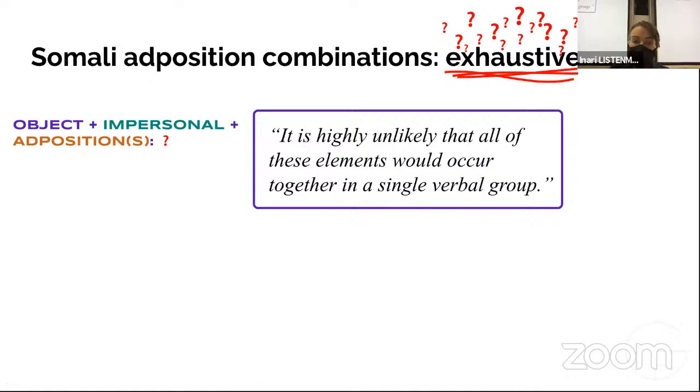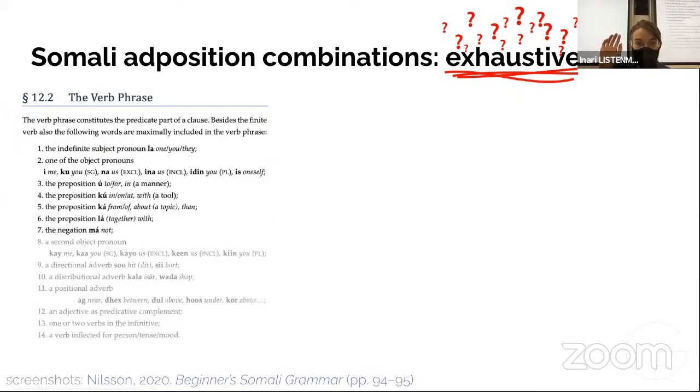So let me consult the other grammar now. This starts with a list, and there was a similar one in the other grammar also. It's the same thing.